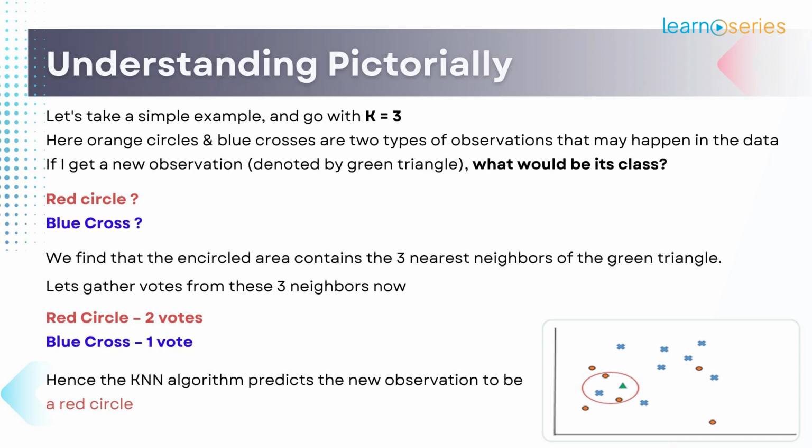Let's take a simple example and go with k equal to 3. You would be wondering why we are taking k equal to 3, 5, 7, 9 like that, because you will get a clear majority. If you take 5 numbers and 2 classes, then obviously there could be a majority for one class.